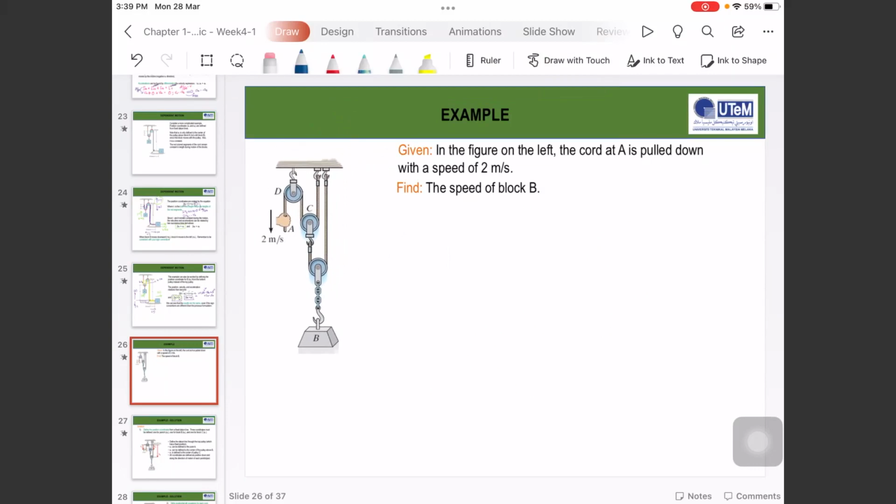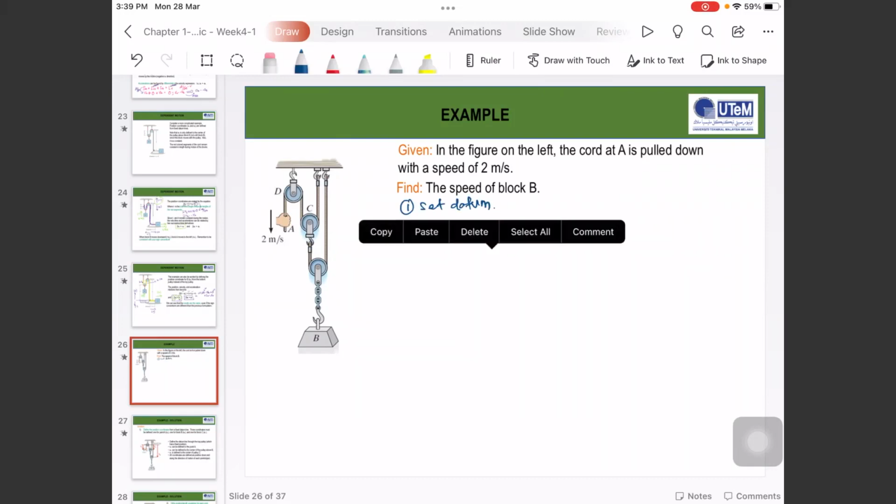In the figure on the left, the chord at A, if you have 2 chords, you must develop 2 equations. Okay, example. The chord at A is pulled down with speed of 2 meter per second. Find the speed of block B. Right. Ingat first step apa? Set datum.